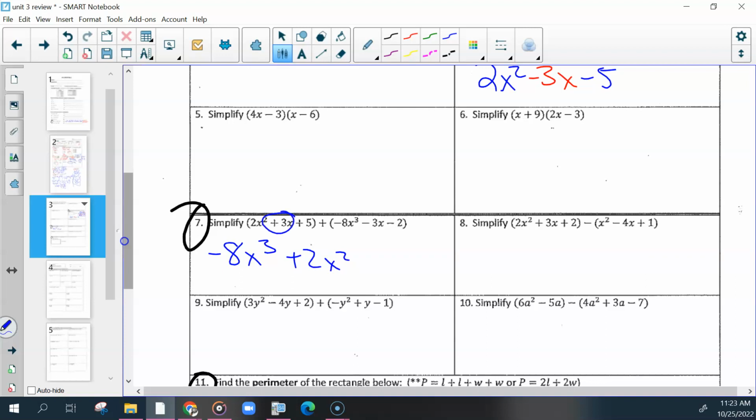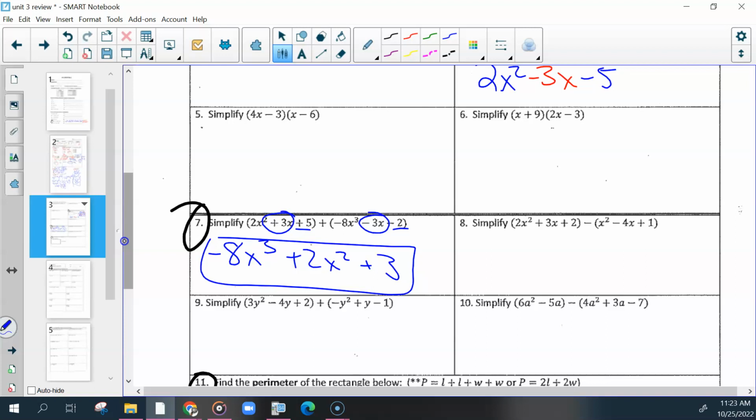We do have x's though. 3x plus a negative 3x, so 3x minus 3x would be 0, so we wouldn't put any x's. And then 5 minus 2 would give us a positive 3. We know we're done because we don't have any more things to combine. We don't have any like terms. So that is our final answer.